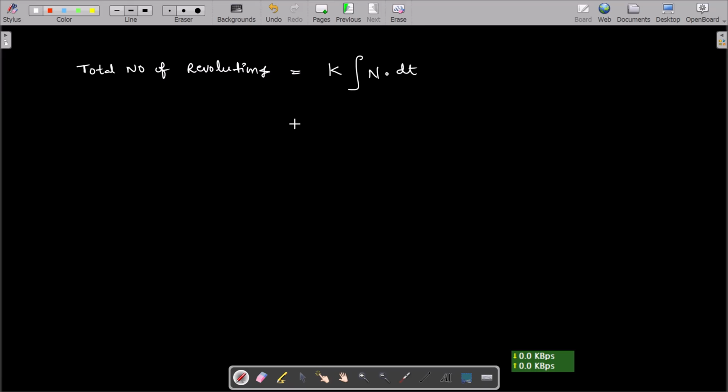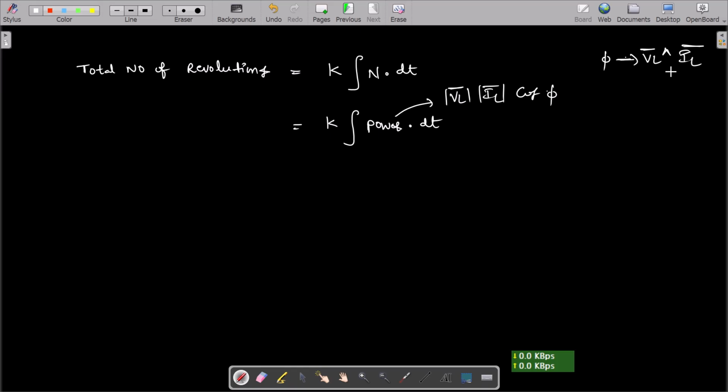Previously we got N as a constant K into power, so this is nothing but K into power into dt. Here this power is nothing but VL IL cos phi, where phi is the angle between the VL phasor and the IL phasor. This is the load.